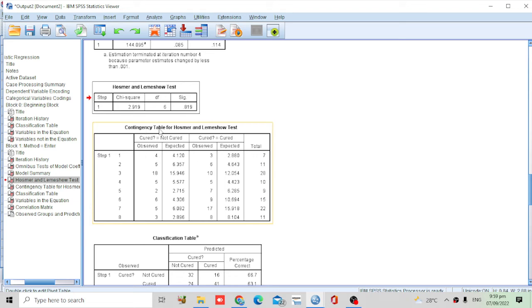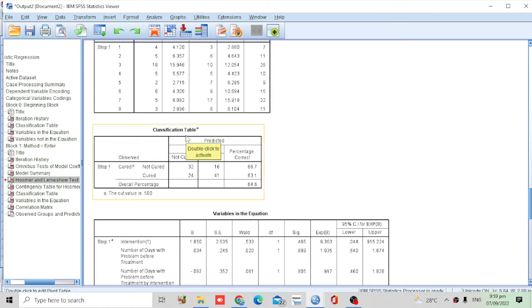As you can see from our contingency table, malapit siya. When you divide it into eight groups, the observed and the expected value for our Hosmer and Lemeshow test are very close to one another.